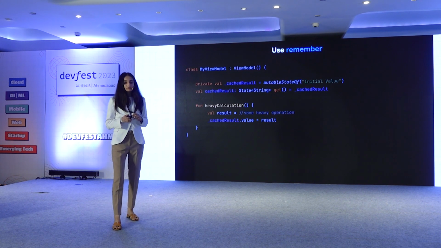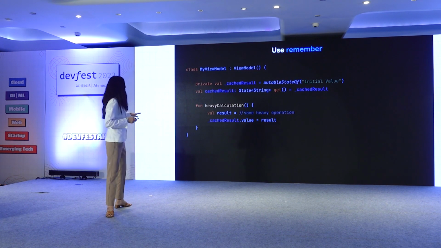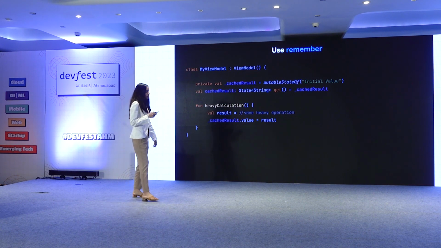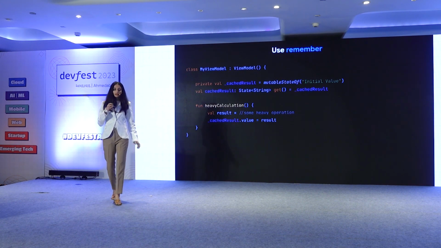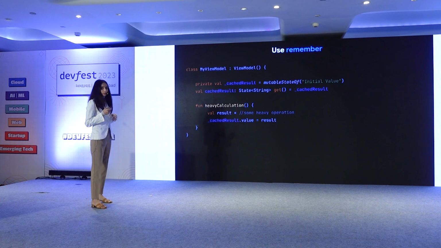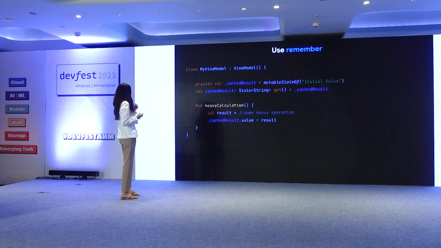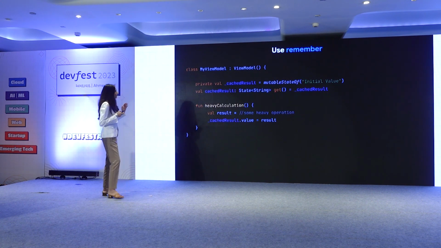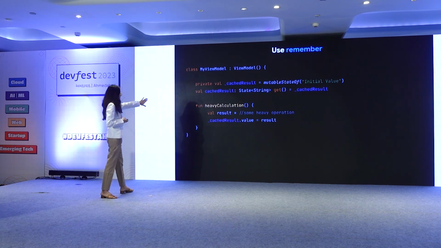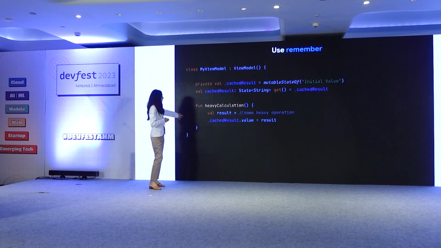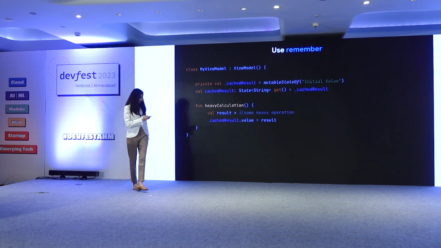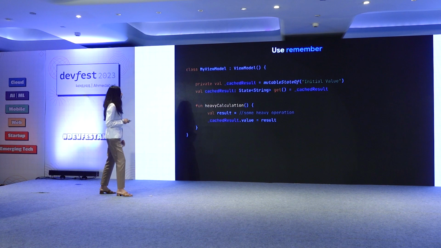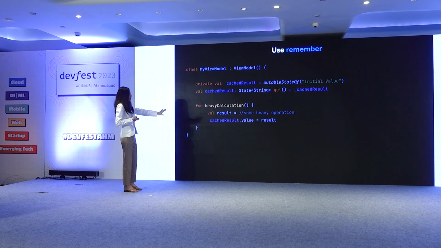Here is the example. Here in the view model, to avoid unnecessary recomposition, we use remember for that. As you can see, we are creating the state and doing some heavy calculation, and we are putting the cached result value into the result.